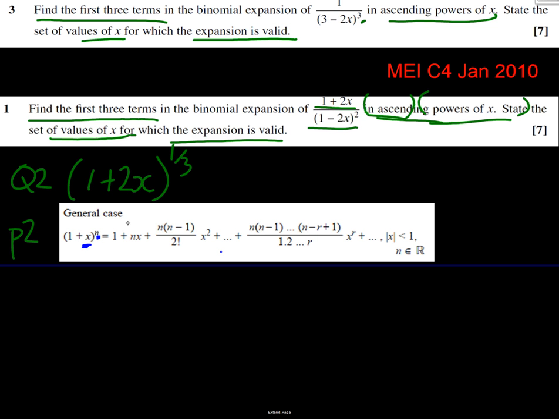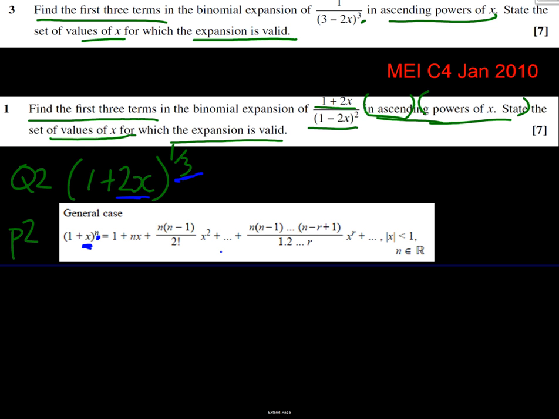And we have to look at our equation, and in this case we have to match the terms. Here I've got an x inside the general equation, and here I've got a 2x in the question I'm trying to answer. And for the n on the outside here, the index is n, and here the index is a third.